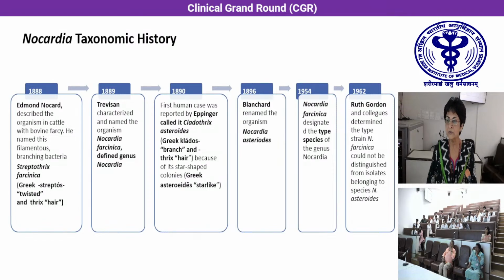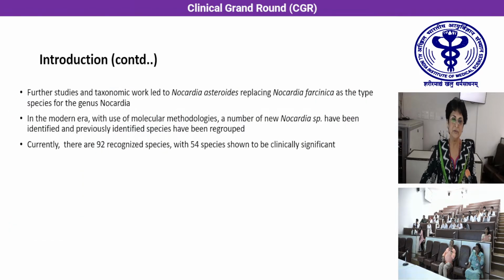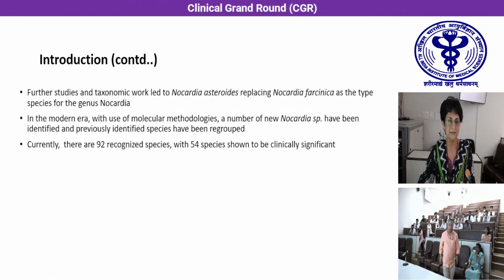And the entire team continued the work further, and as work continued, there was also more confusion. And it was found, and of course, the later studies included not just the mycolic acid content, they included the GC content, the drug susceptibility, and also there was inherent confusion on the original isolate, which was obtained from Edmond Nocard.